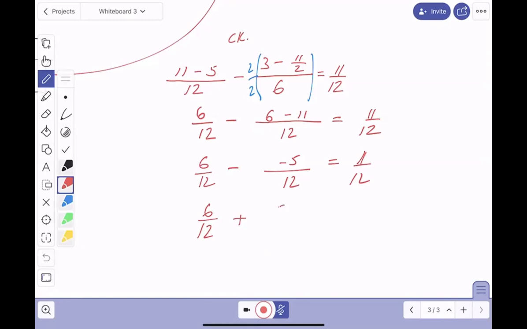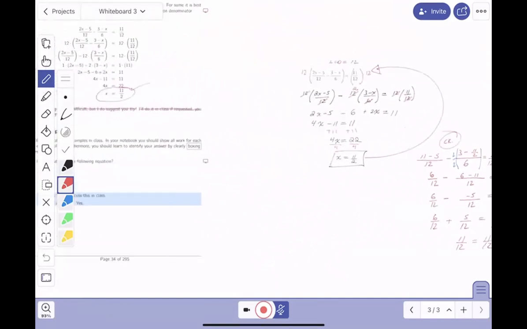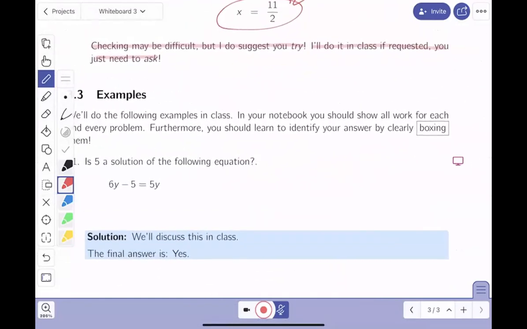I'm sorry. 5/12. What's 6 plus 5? 11. Checking can be difficult, and I understand that. So what we do throughout the notes, we realize students have trouble. So what do we do? We actually provide answers for you to aim for.